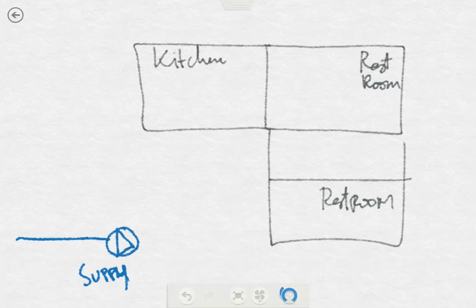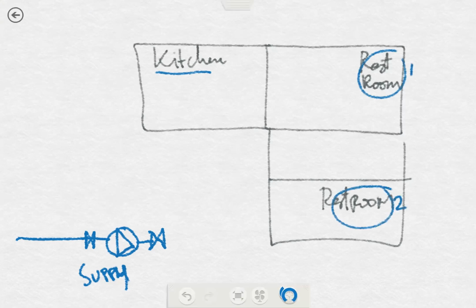So the first water pump in our house or our building will be here. So now we have to distribute this. We have three places in which we need water supply. We have the kitchen, restroom 1, and restroom 2.